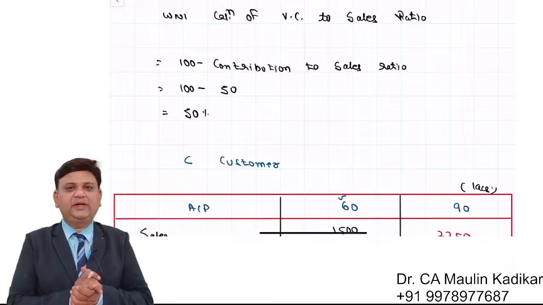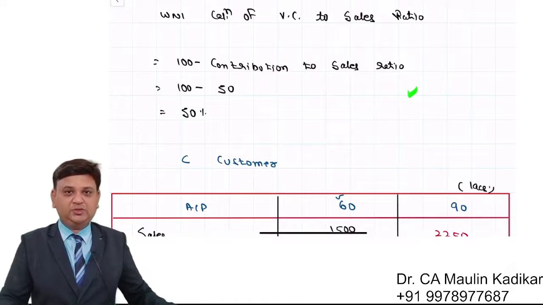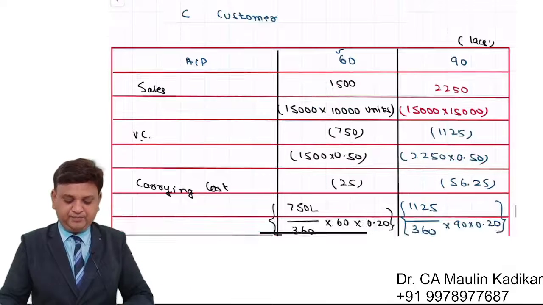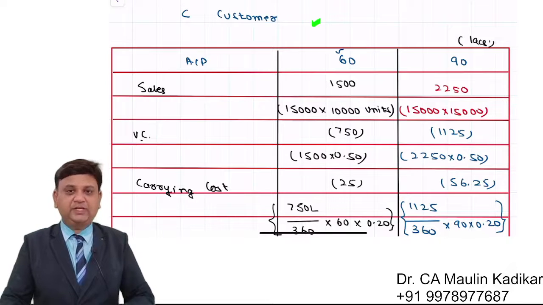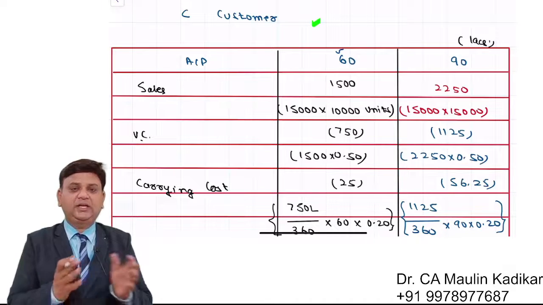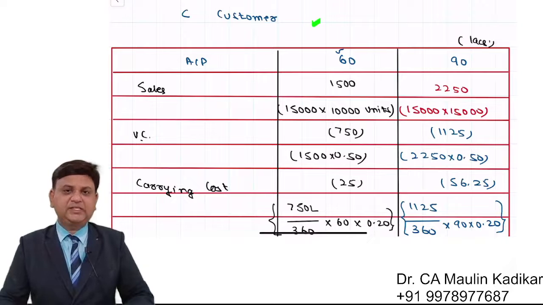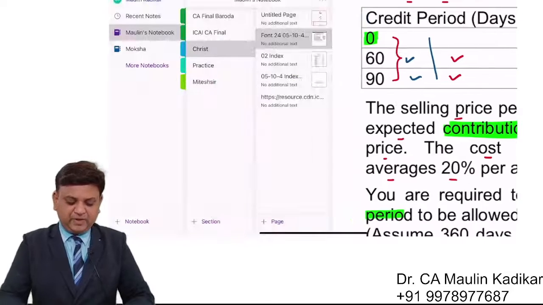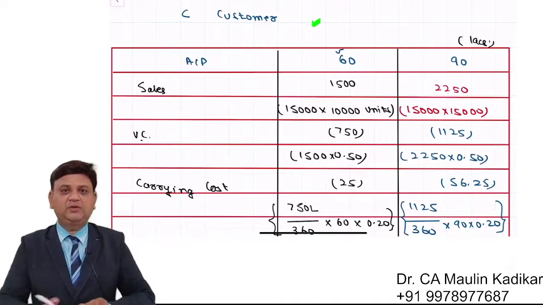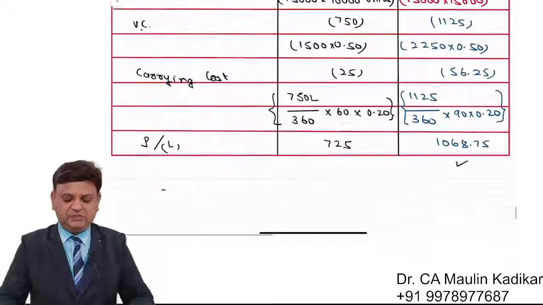So, a small summary of the entire answer. In the first working note, we compute the variable cost to sales ratio. Then for C customer, we compute the profit or loss for each individual credit period, and we take a decision that the credit period having higher profit would be acceptable. Only variable cost information is provided in the example; fixed cost information is not given. So we'll ignore the fixed cost for the purpose of calculating the answer.